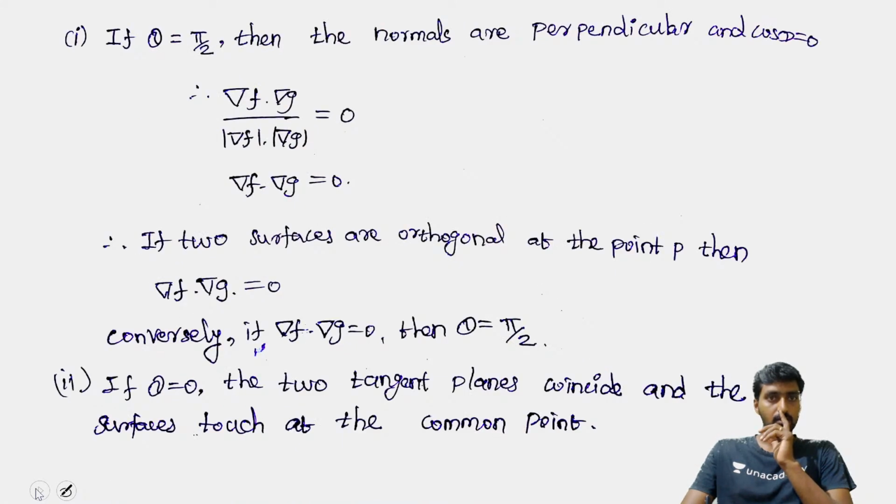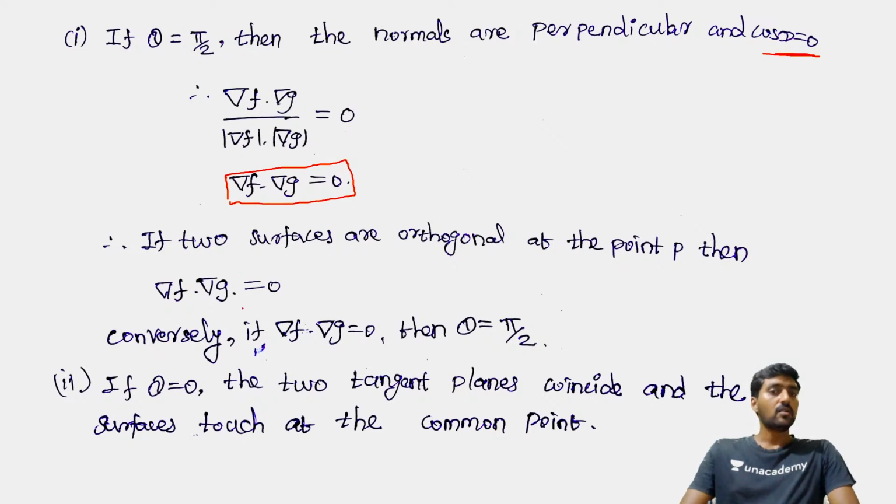Next, if theta is equal to pi by 2, then the normals are perpendicular and cos theta is equal to 0. So del f dot del g divided by modulus of del f into modulus of del g equals 0, which means 90 degrees.